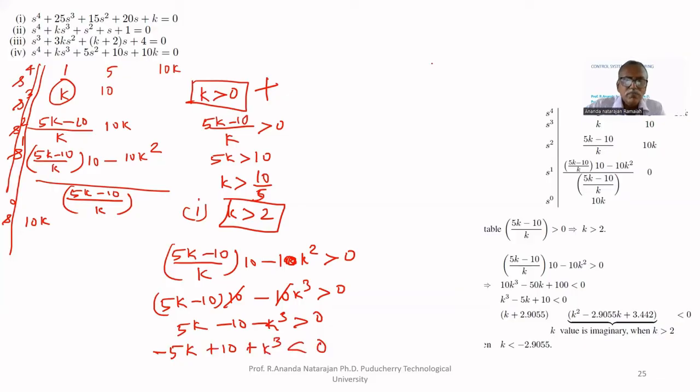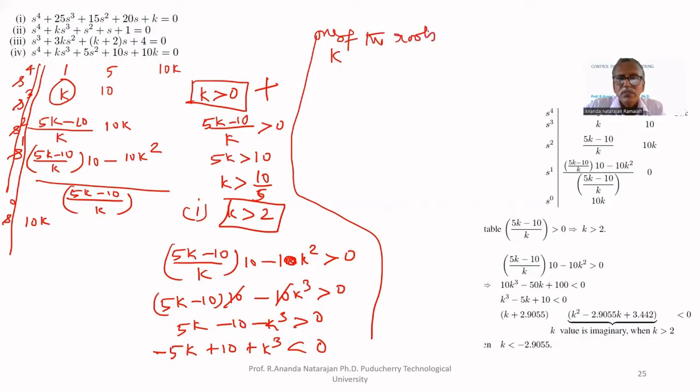If you find the roots of these, one of the roots is equal to minus 2.9055.